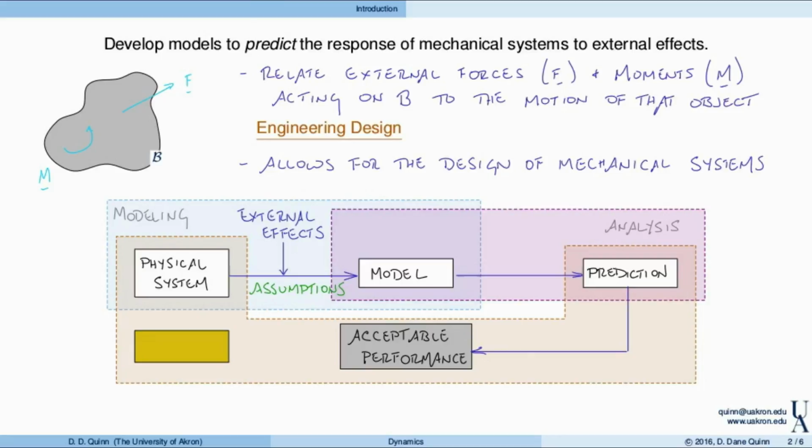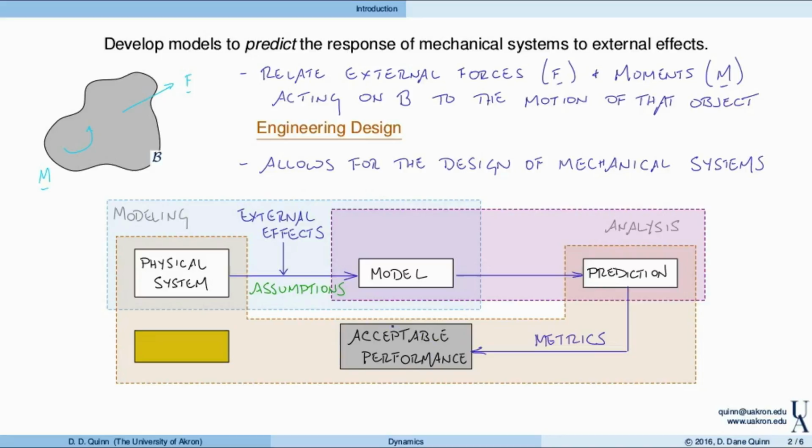And there actually is work to be done in determining, for example, appropriate metrics for measuring performance, given the actual response of the system.